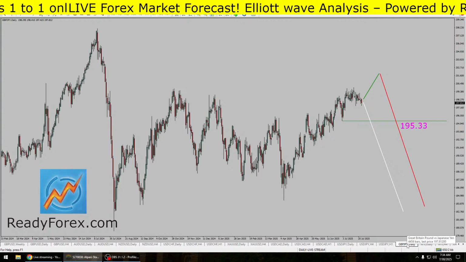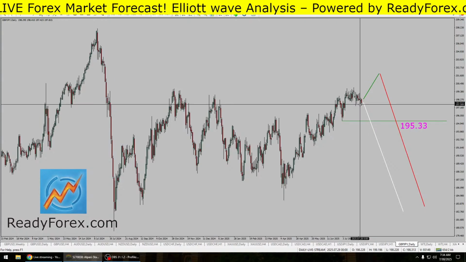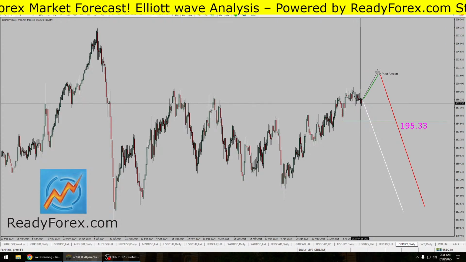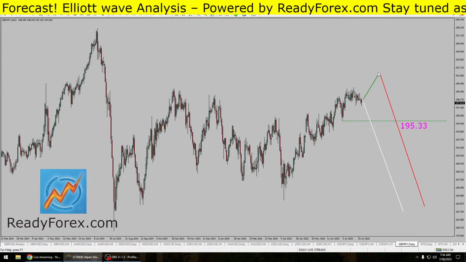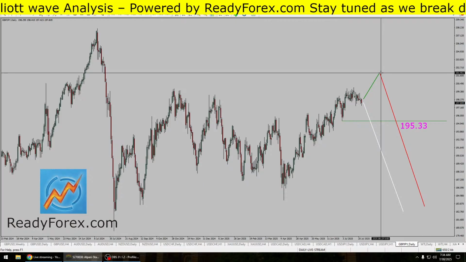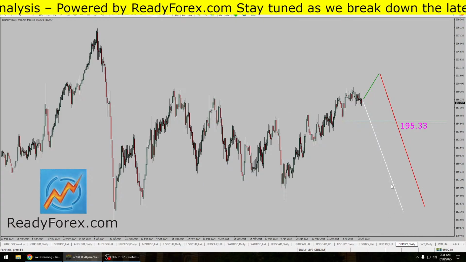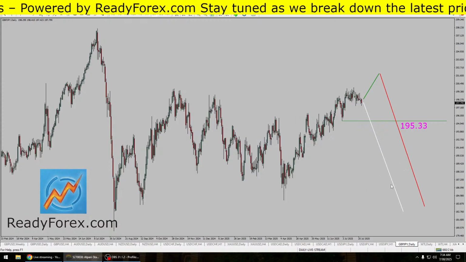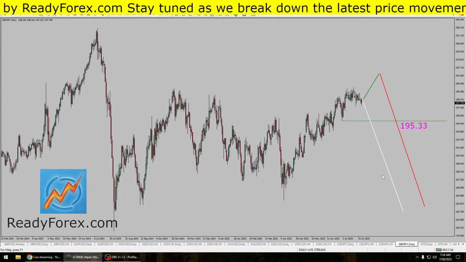Next one is the GBPJPY currency pair. My preferred Elliott wave count is that GBPJPY is going to print a new high. This is the daily time frame. The way I see it, GBPJPY is most likely going to rise up, then expect a top and a drop. The alternative Elliott wave count is in white color, the plan B, which suggests that GBPJPY is going to drop from current levels.